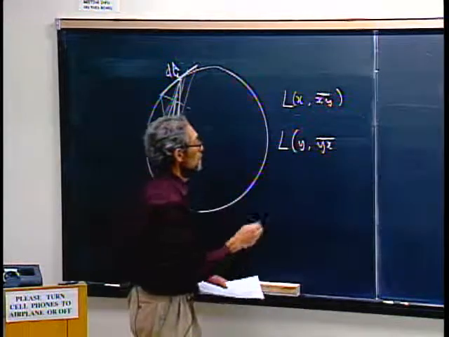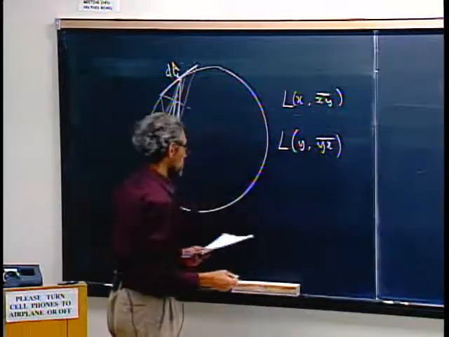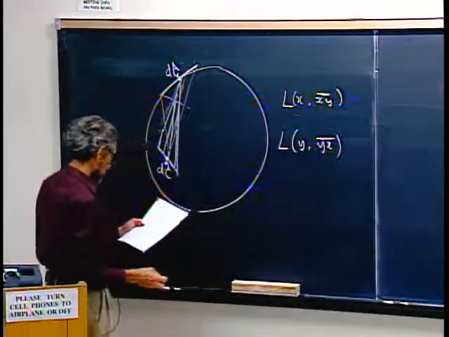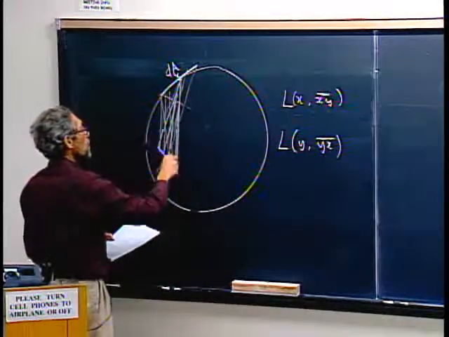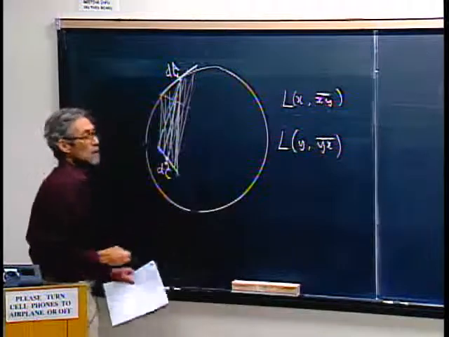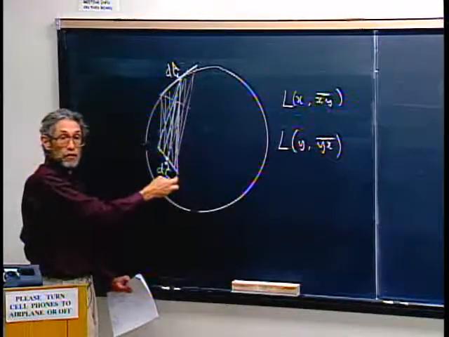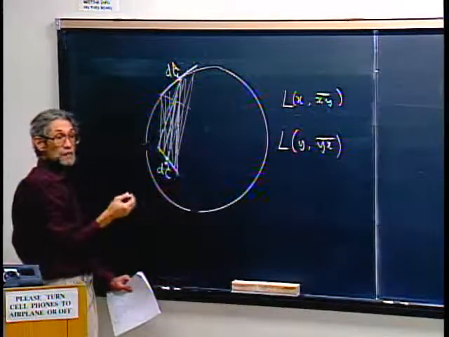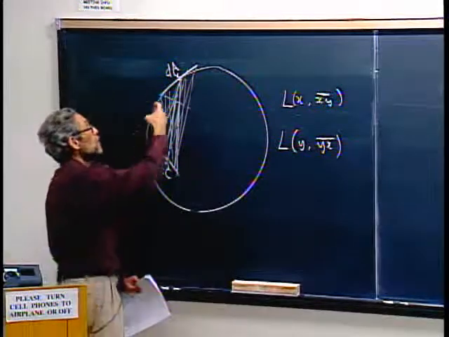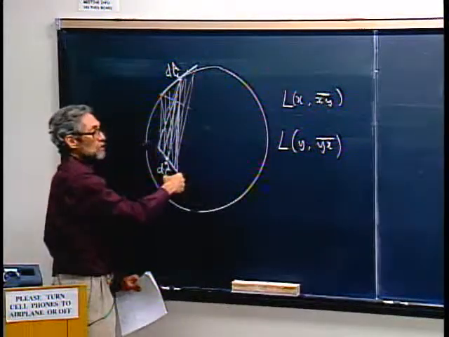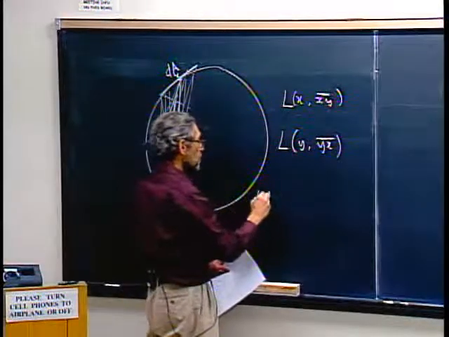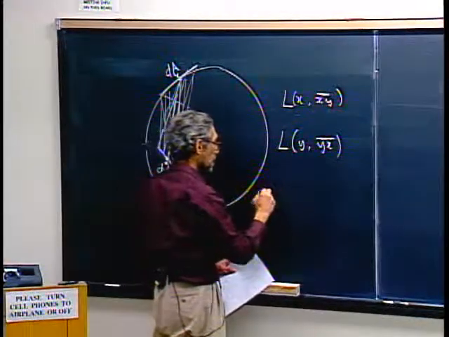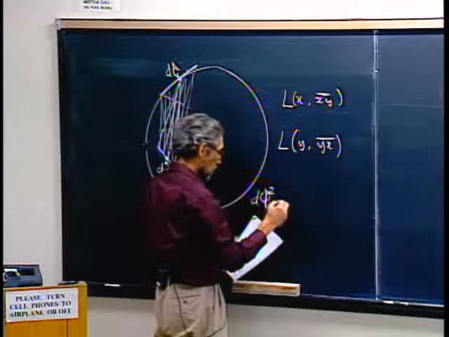The reason is that both of these can be explained in terms of the total number of lines that go anywhere between these two surfaces. The expected total number of lines between a surface on here and a surface here, that's what I call d phi squared. I think it was capital Phi squared.